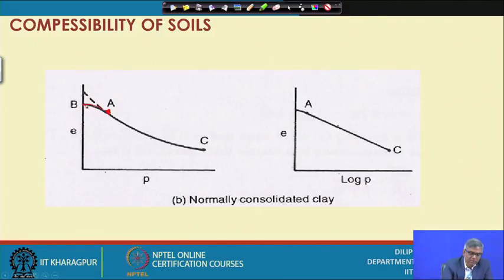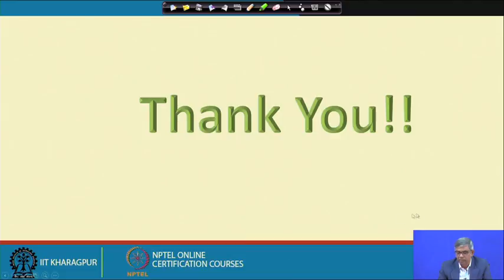Now, if I start pressurizing from here, up to this it is a recompression, and when pressure increases beyond this, it is normal consolidation, that is your virgin consolidation. If you plot this curve in the log scale, you will get a little curve up to A, and then a straight line. So, this is about the behavior of consolidation of normally consolidated soil.